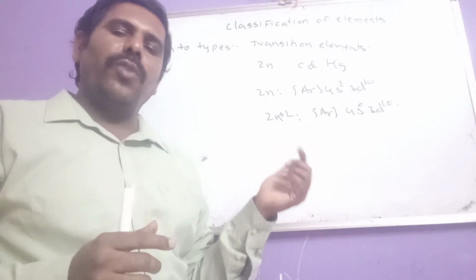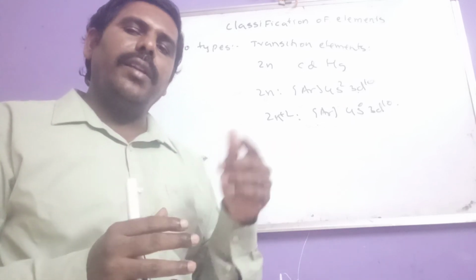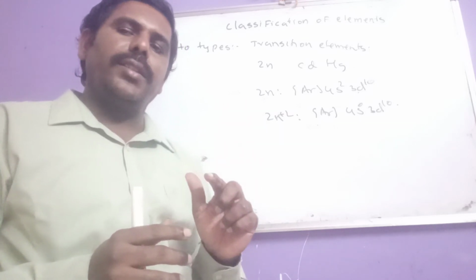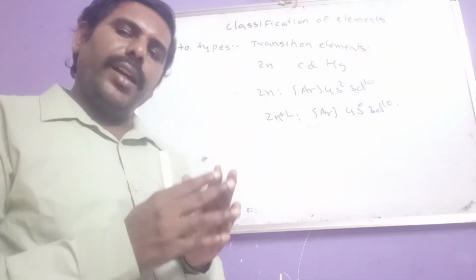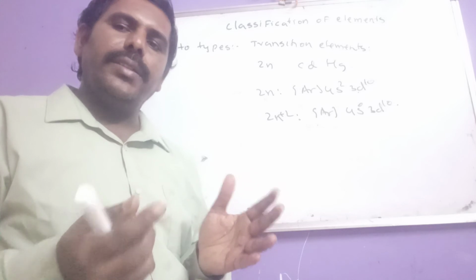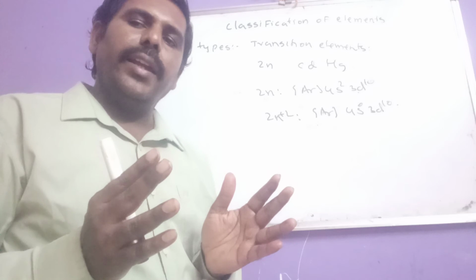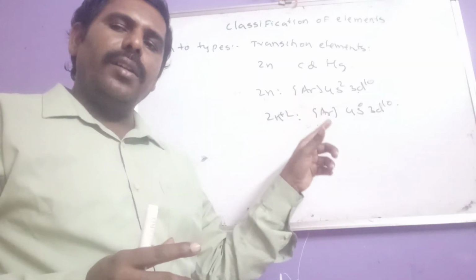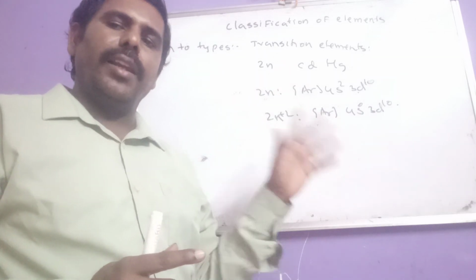All transition elements are d block elements, but all d block elements are not transition elements. Example: zinc, cadmium, mercury. We have to remember it like this: all Telangana people are Indians, but all Indians are not Telangana people. Like that here also, all transition elements are d block, but all d block are not transition elements.